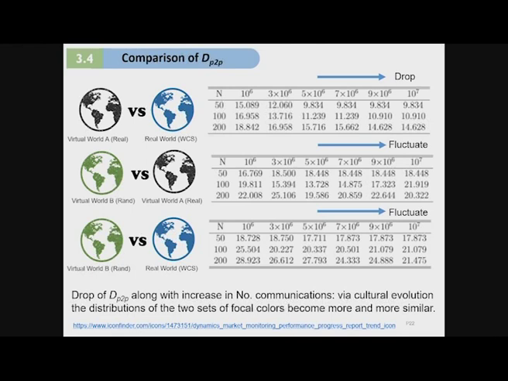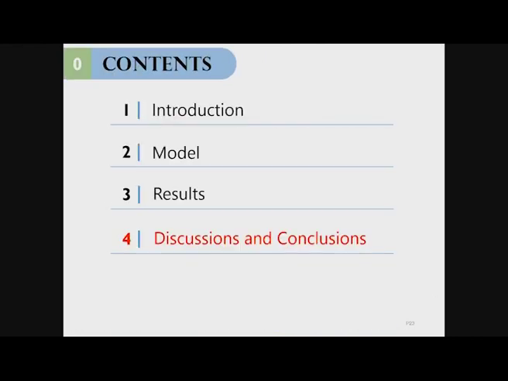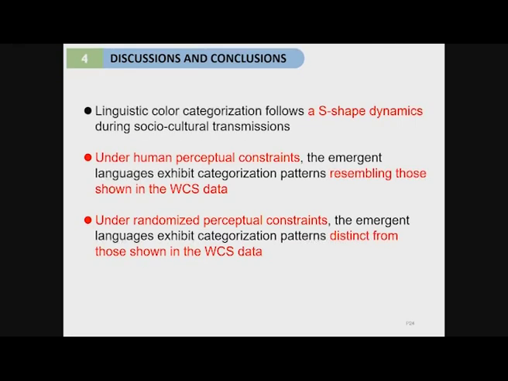And this drop of DP2P, along with the increase in the number of communications, indicates that via cultural evolution, the distributions of these two sets of focal colors, one from simulation data, the other from the World Color Survey empirical data, become more and more similar. So, which indicates that it is the perceptual constraints of human eyes that trigger the emergence of this linguistic universality.